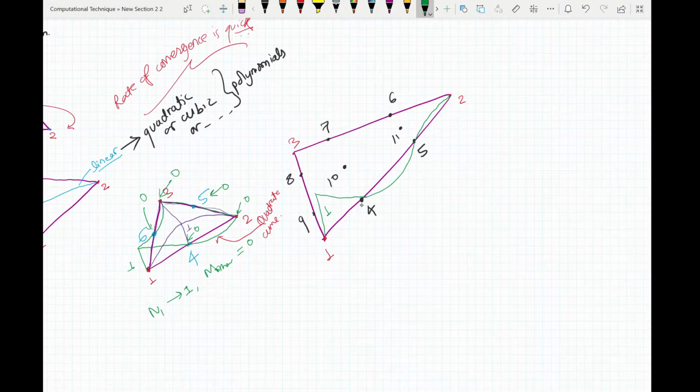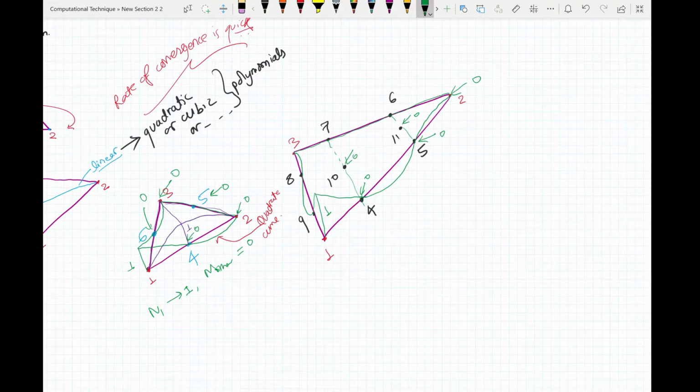So it is 0 here, 0 here, 0 here, and in this direction as well. So it will be 0 here, 0 here, and 0 here, and 0 here, and 0 here. So your shape function would look something like this.